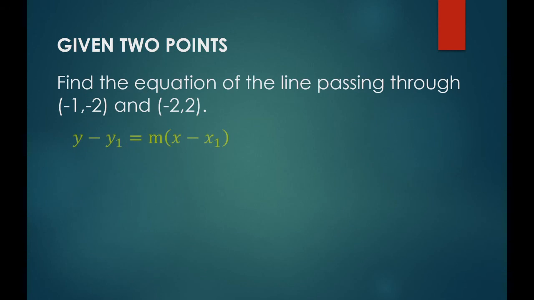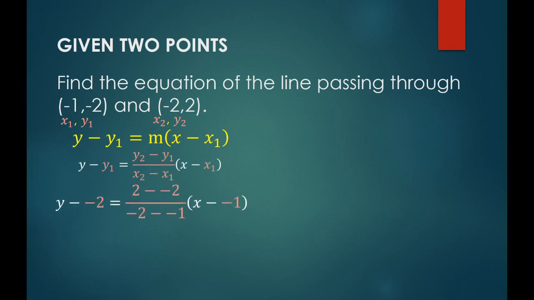Another. That's the formula. And we will just replace the values with this. So, y plus 2, naging plus again. Dahil dun sa minus and negative. O lahat pala sila naging plus. So, y plus 2 is equal to 2 plus 2, that's 4.